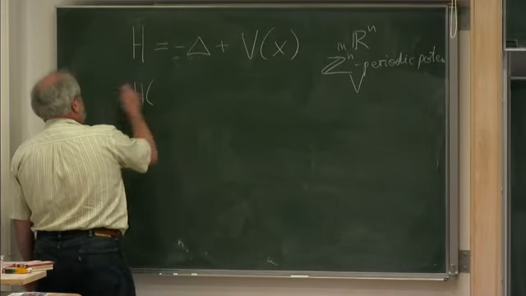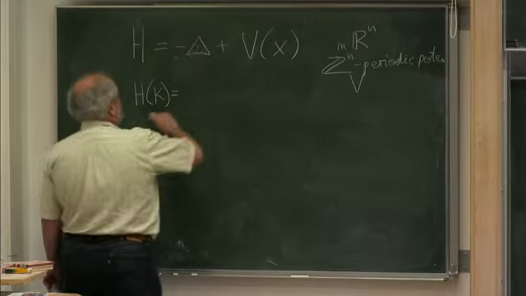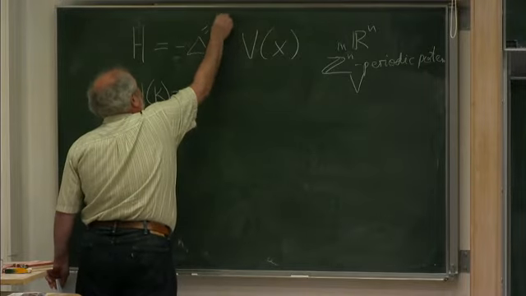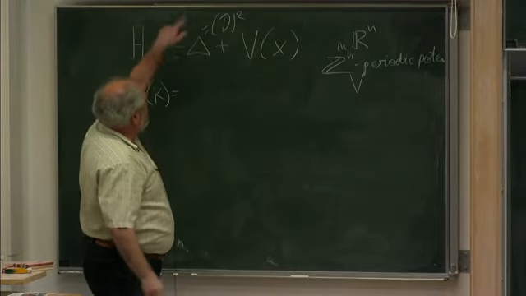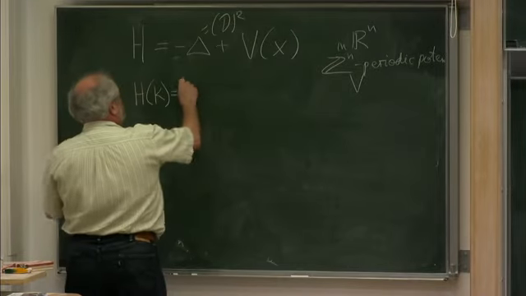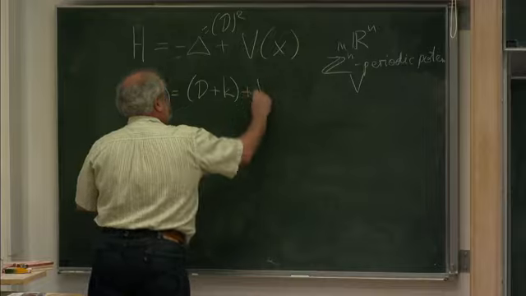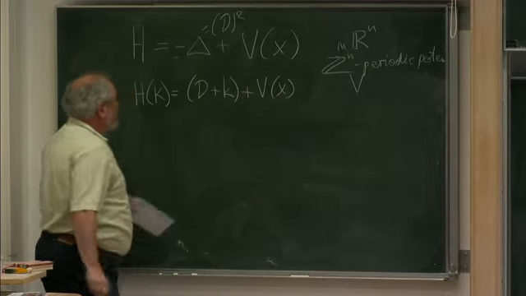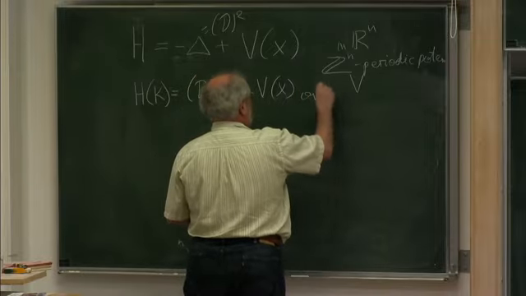And then, as always, we introduce the Bloch Hamiltonian, which is, since minus delta is d squared, where d is 1 over i gradient, here we have d shifted by k plus v of x. And this operator is considered on the torus, on periodic functions.